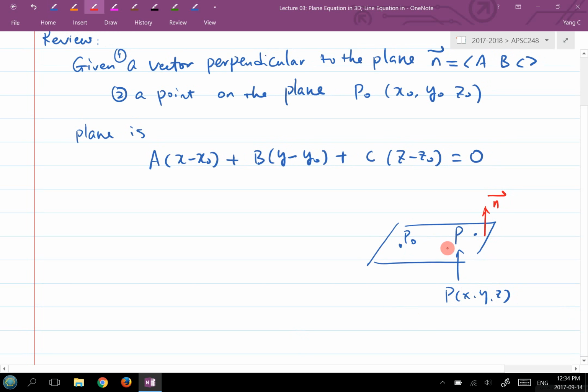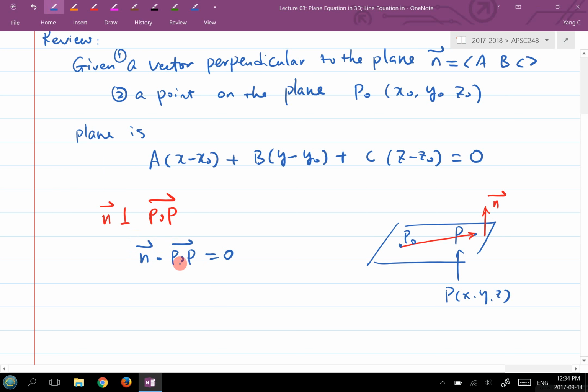If you connect a vector from P0 to P, where P is an arbitrary point on the plane, you get n perpendicular to P0P. When two vectors are perpendicular to each other, this means n dot P0P equals 0.